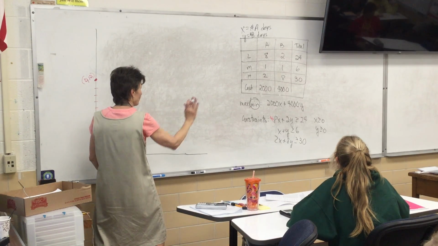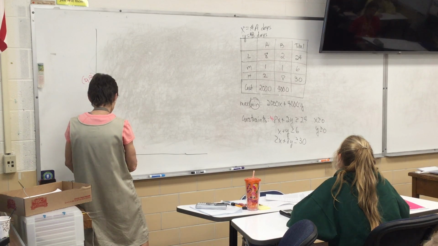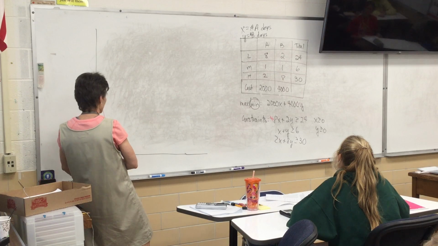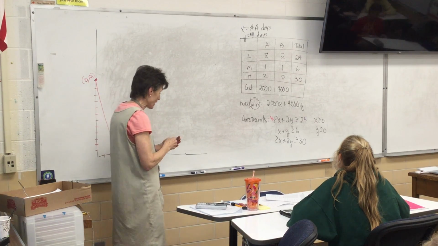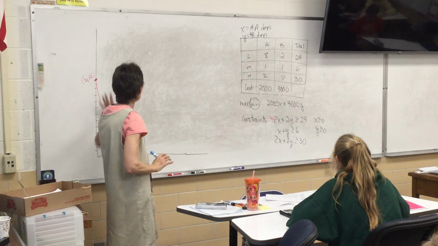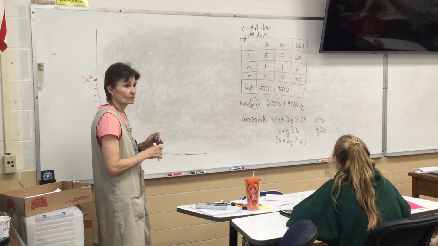And if I cover up Y, X is 3. So I'm going to draw as straight a line as I can right there. And where will that be shaded? Out here, right? You all right with that?